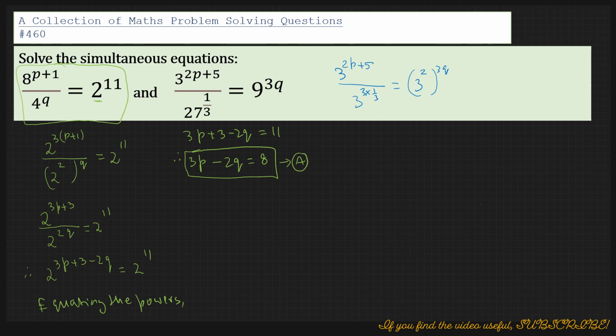So I can write this as 3 to the power 2p plus 5, divided by 3, equals 3 to the power 6q.